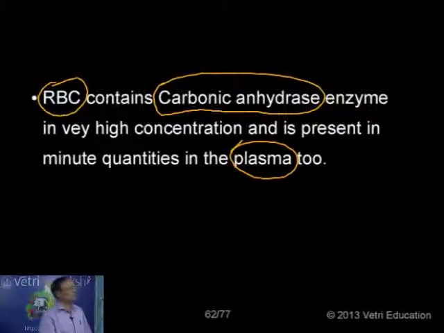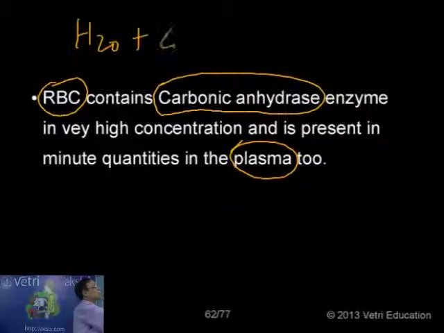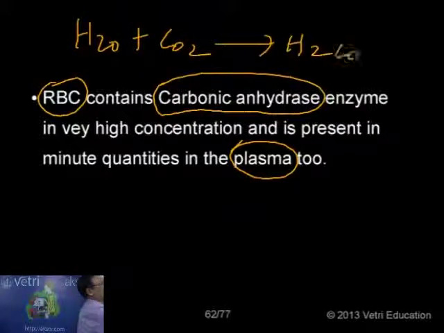For example, this enzyme is responsible for a biochemical reaction, the formation of carbonic acid from water and carbon dioxide. As soon as carbon dioxide enters into the plasma or inside the RBC, it combines with water to form carbonic acid. This reaction is catalyzed by the enzyme carbonic anhydrase.